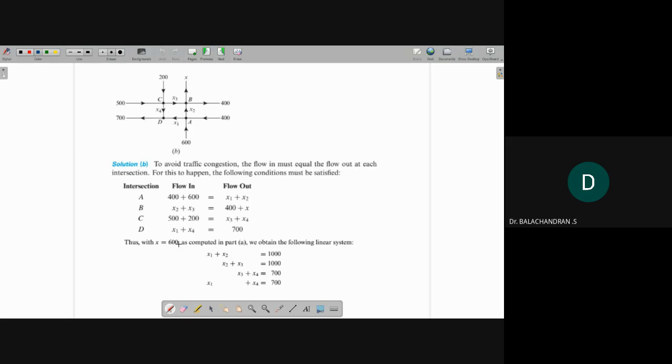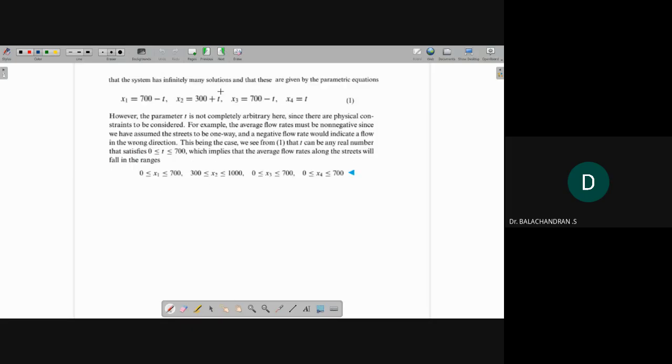So with x equal to 600 as computed in part A, we obtain the following linear system. x1 plus x2 is 1000, x2 plus x3 is 1000, x3 plus x4 is 700, and x1 plus x4 is 700. From this, you should form the matrix.